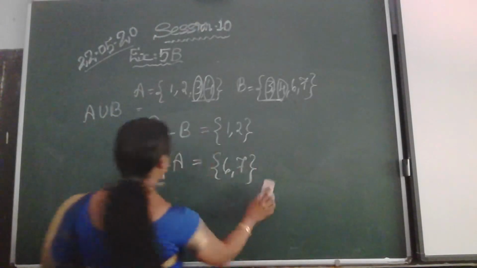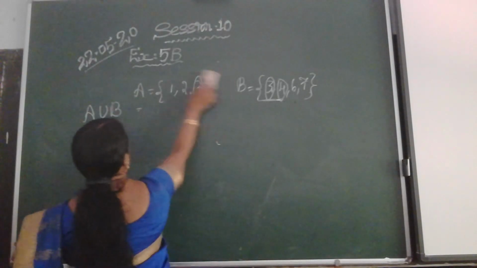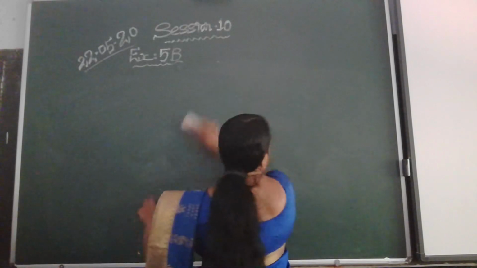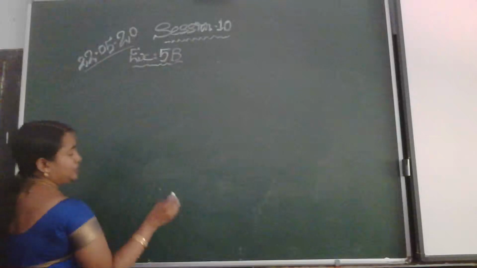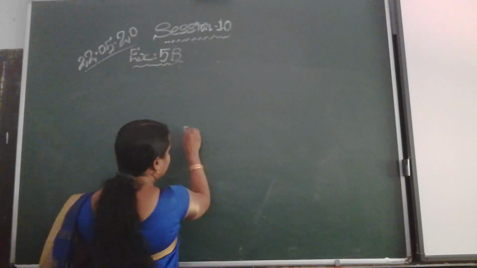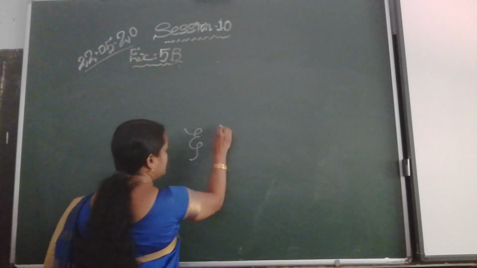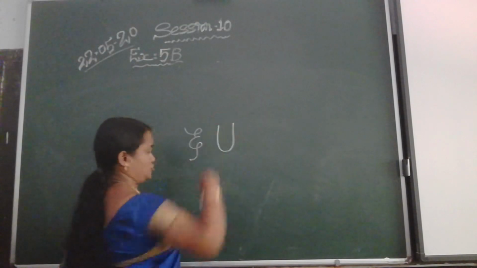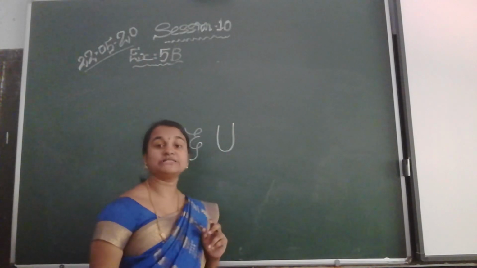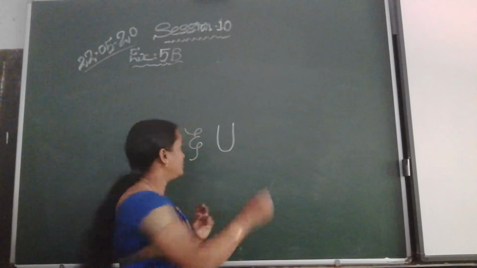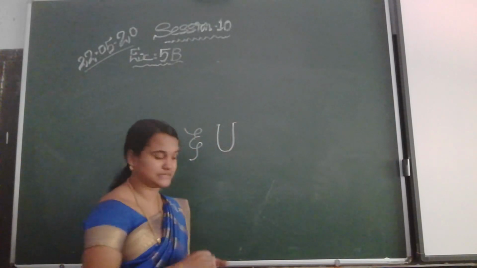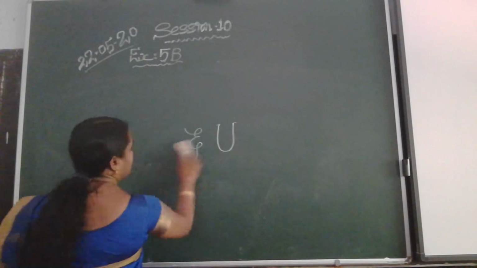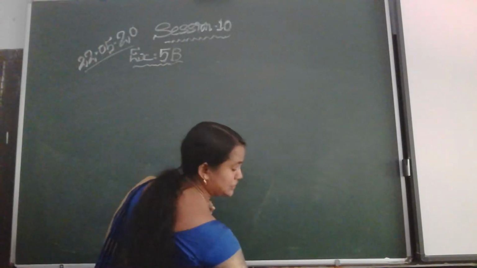Now, next we will move to A complement. Now, children, universal: we will write it like this, or otherwise like a big U. That we will call the universal. To find out the complement, we need this universal.